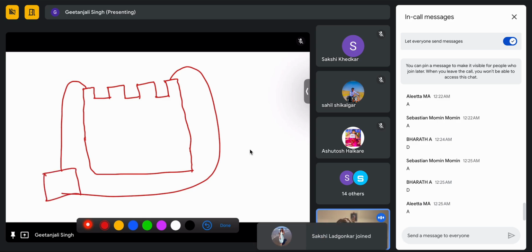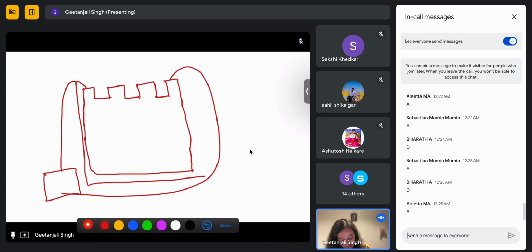This battery is kept in a box as well. This battery charges it, and this one becomes the cathode, and this one becomes the anode.